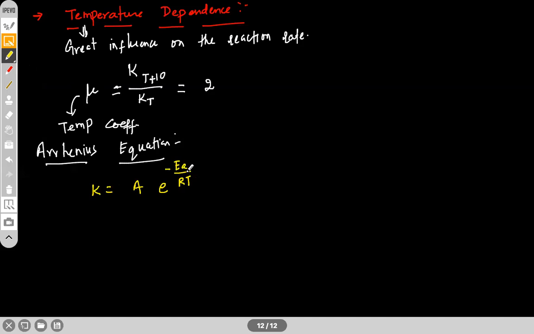Where A is the Arrhenius factor, which we also call the pre-exponential factor.